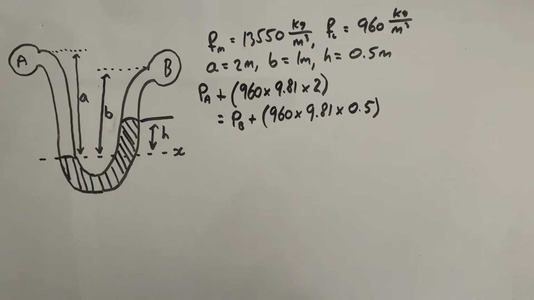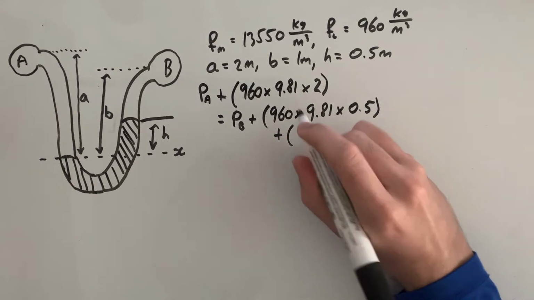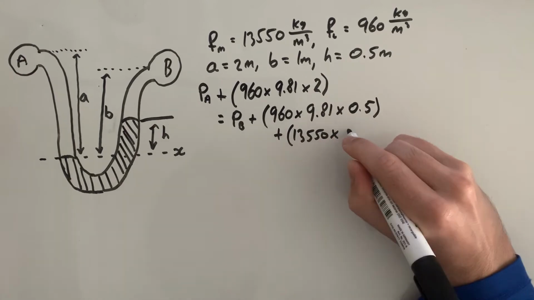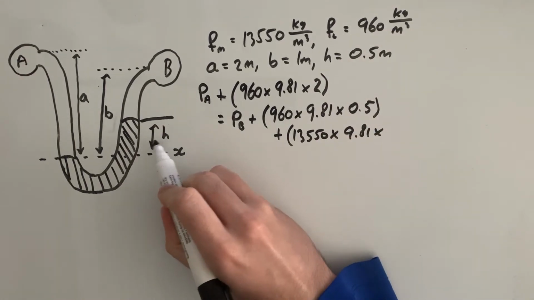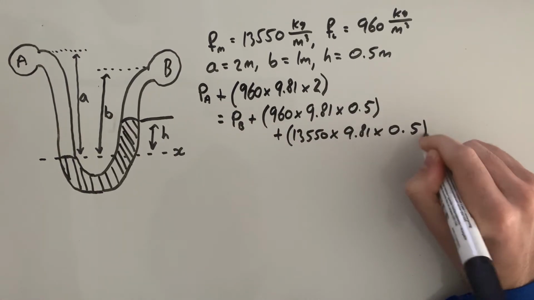And now we must add on the final contribution, which comes from this mercury, which again is rho g h. The density of mercury is 13,550, times 9.81, times, well, this one's rather more simple, H, which is 0.5.